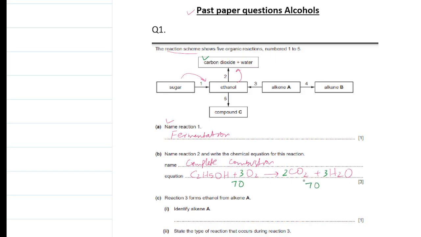Seven oxygen as well. Two twos are four, and four plus three, seven oxygen. How many hydrogen are there? There are six hydrogen on the reactant side, while on the product side, six hydrogen as well, and two carbon on the product side and two carbon on the reactant side. So the equation has been balanced here now.